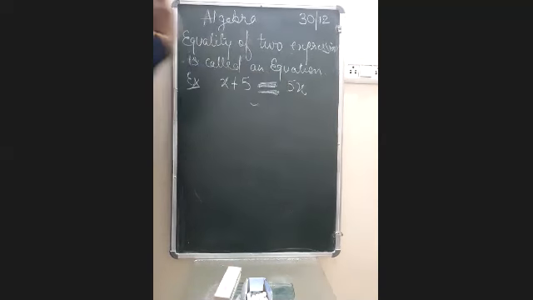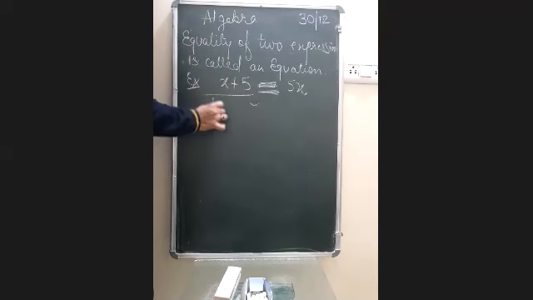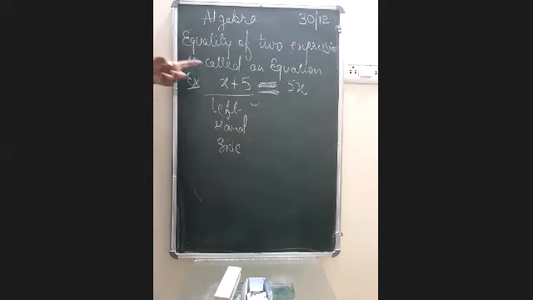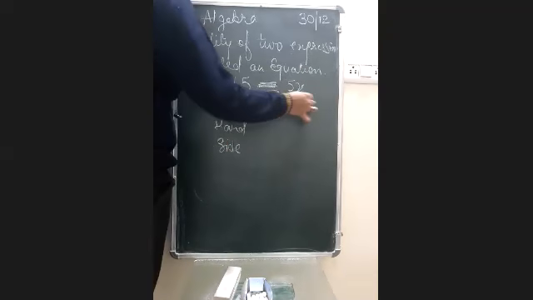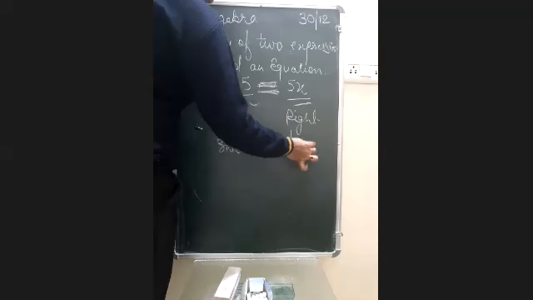One side will be on the left of the equal sign, and one side will be on the right of the equal sign. So whatever is on the left will be called the left hand side, and the right portion will be called the right hand side.